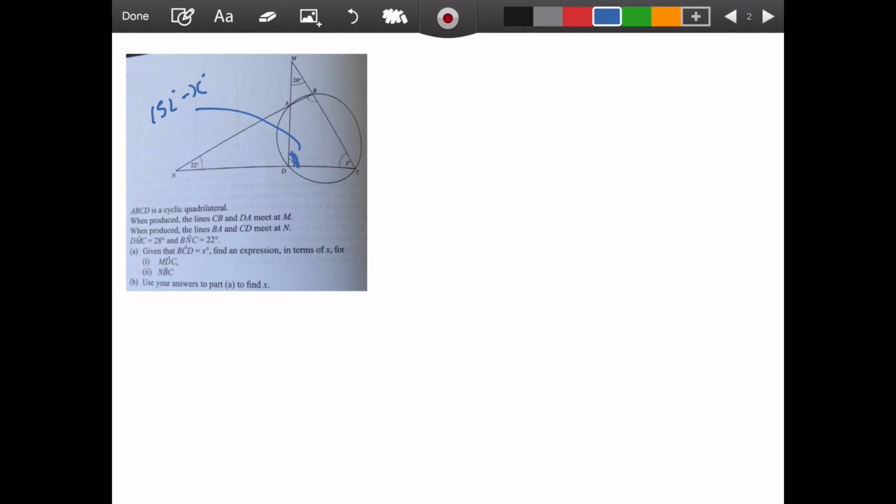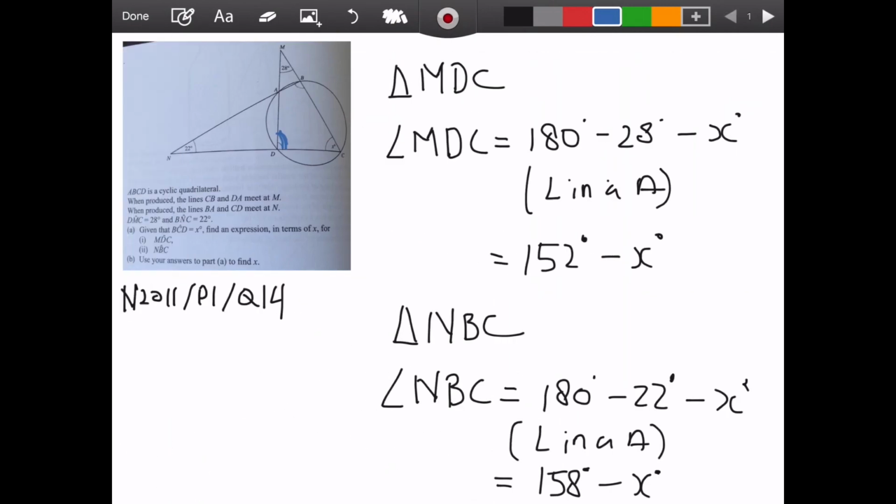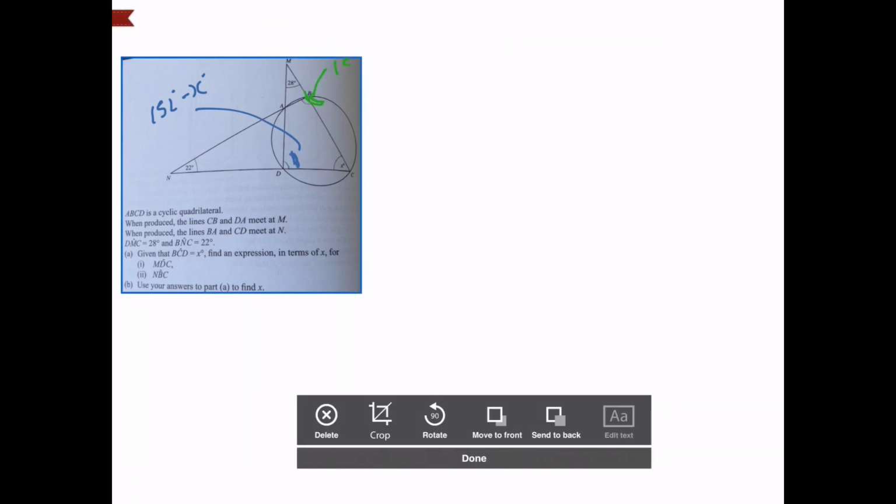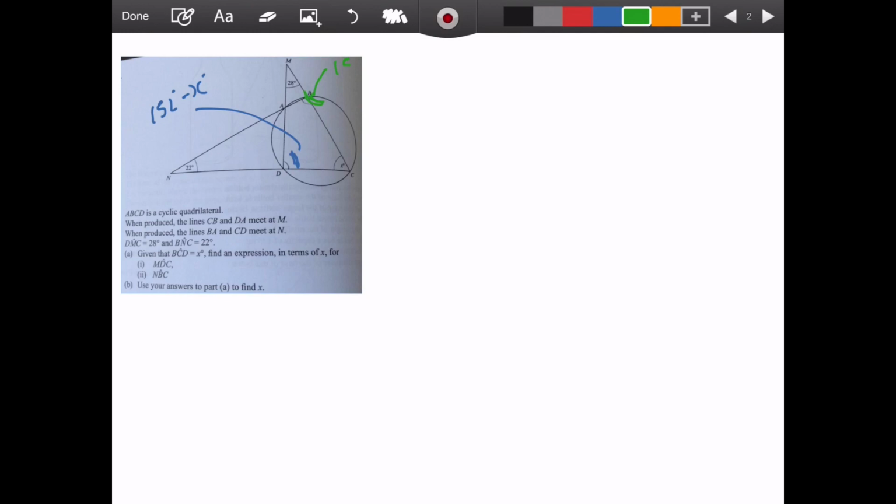And then NBC is 158 minus x degrees. This part over here is 152 minus x, and this is 158 minus x.